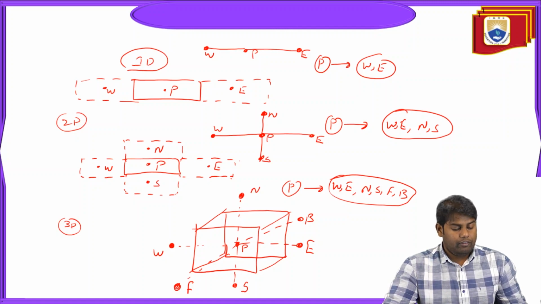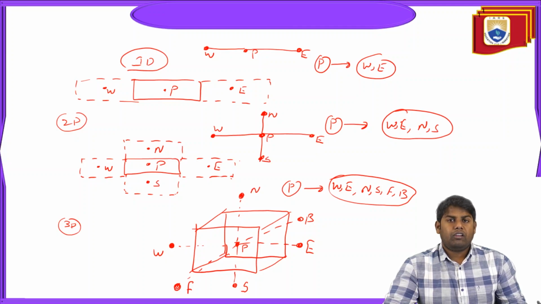So we have seen clearly that the point of interest P depends on two values for 1D flow, four variables for 2D flow, which are north, south, east and west, and for 3D, six in total. So 2, 4 and 6.